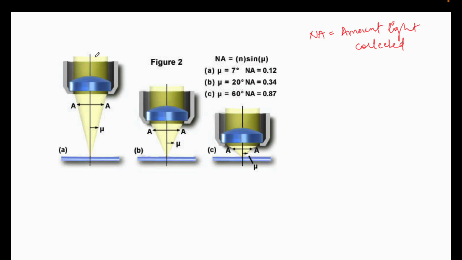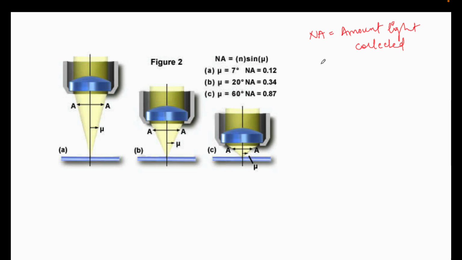Here we have the source in the microscopy system, and the light reflects on the specimen here. This specimen light is reflected back and it is collected by the condenser, and the amount of light which is collected will determine the numerical aperture.